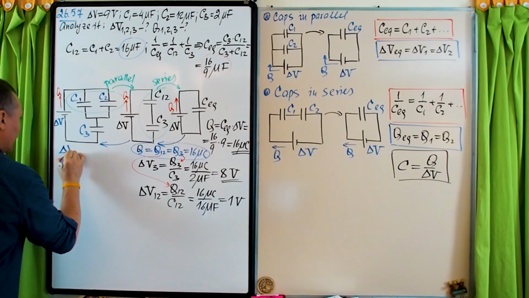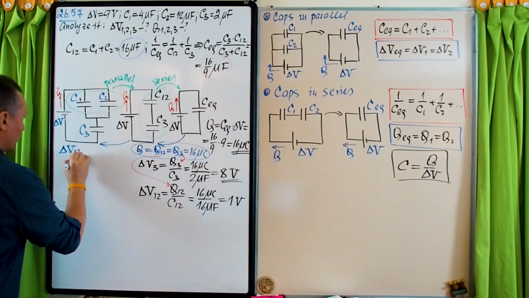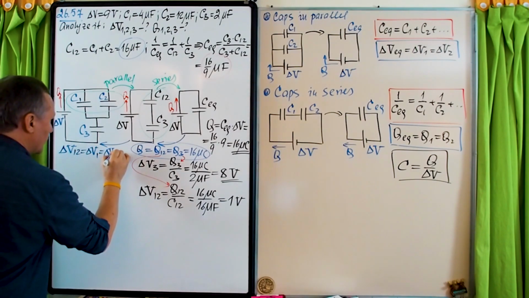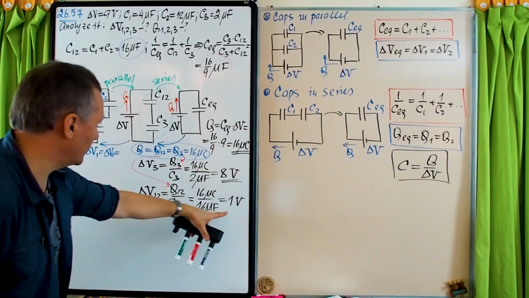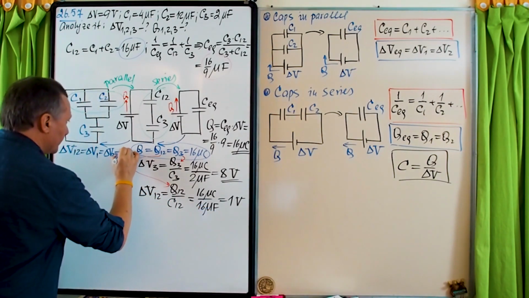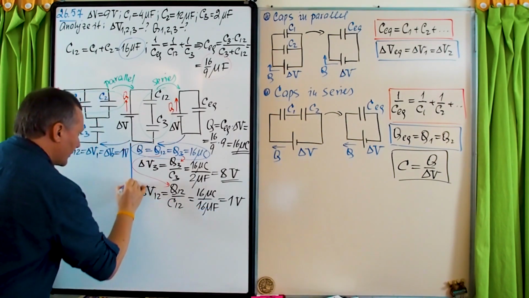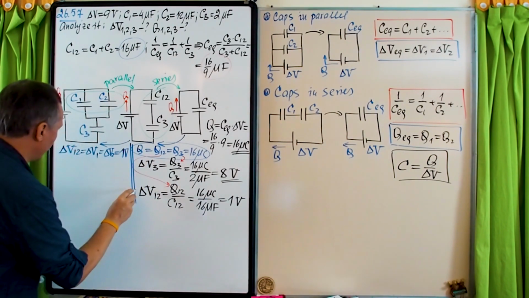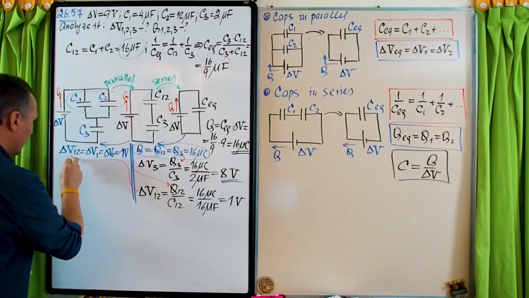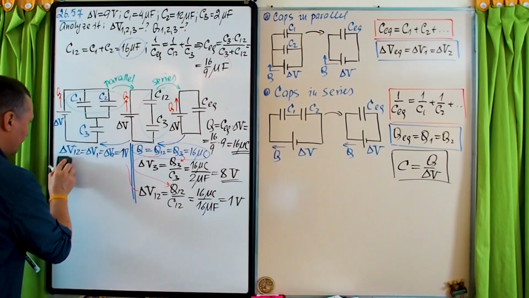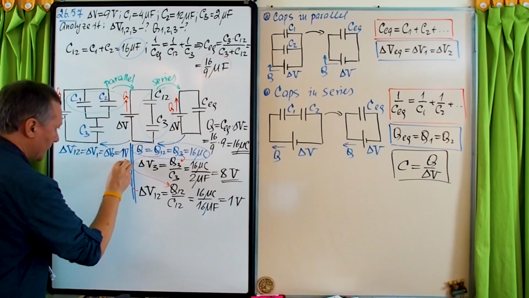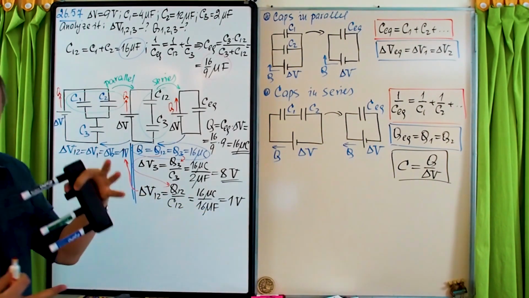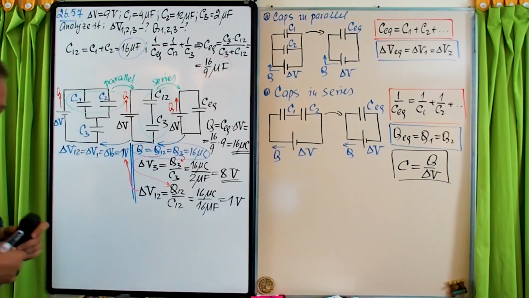So delta V12 equals delta V1 equals delta V2, and delta V12 is 1 volt. Let me show it this way: it comes over here, right? So everything is connected, linked nicely, elegantly.